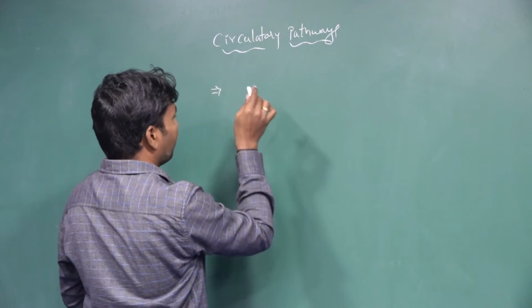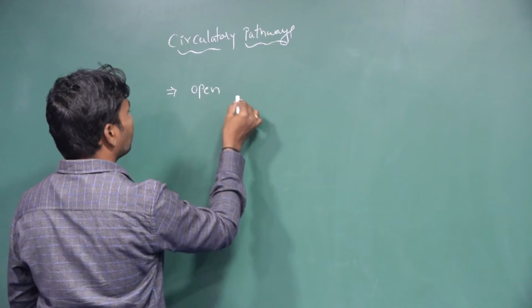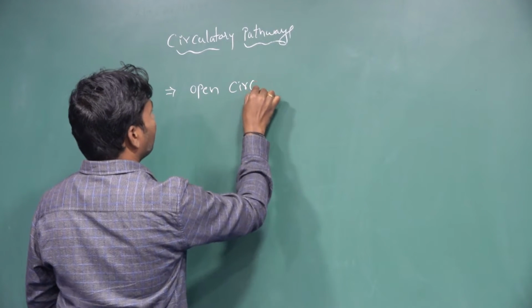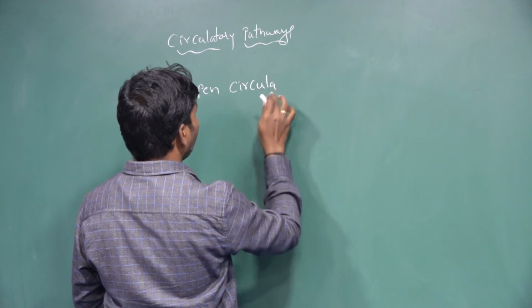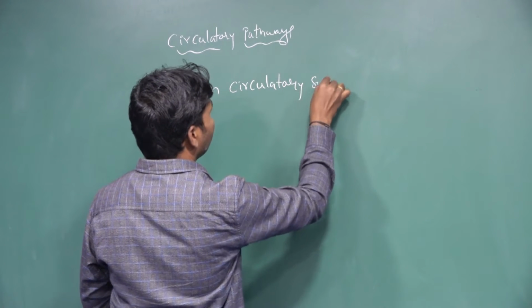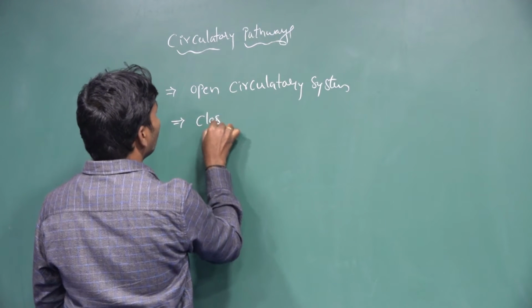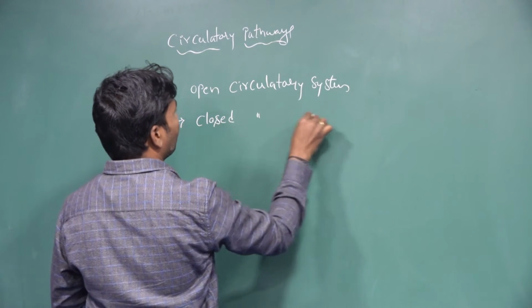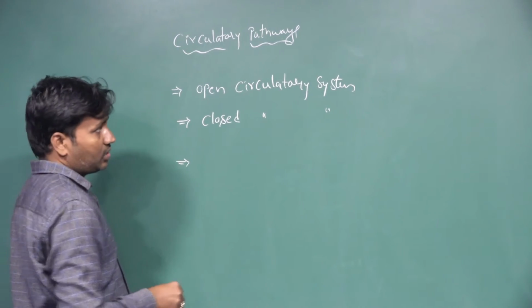That means there are two types of pathways it follows: the open circulatory system and the closed circulatory system. What is meant by the open circulatory system?